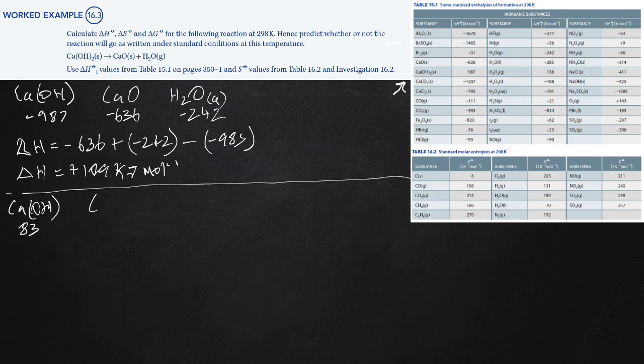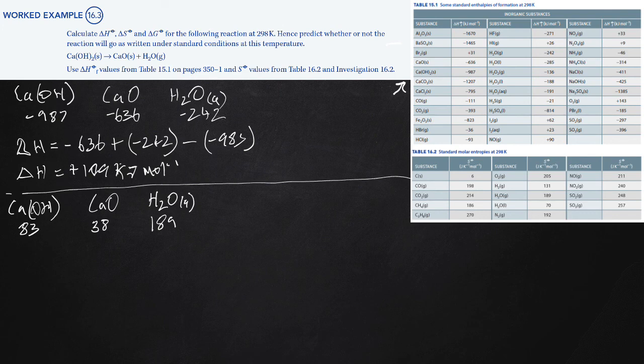And we have calcium oxide, entropy there 38. And water vapor, H2O gas, entropy 189. So you can see the entropy value for a gas there is much higher than the entropies of these solids here. Okay, so that makes sense.